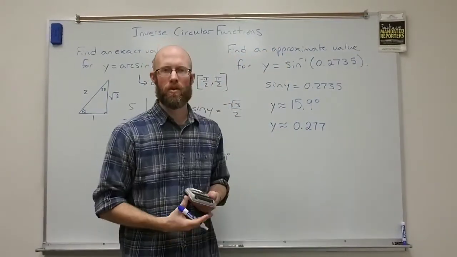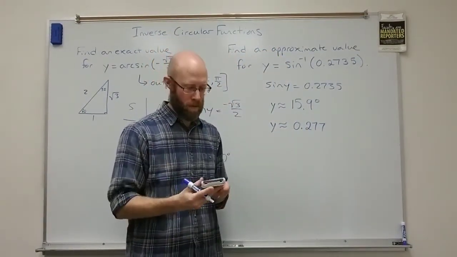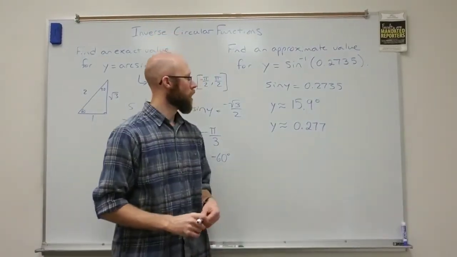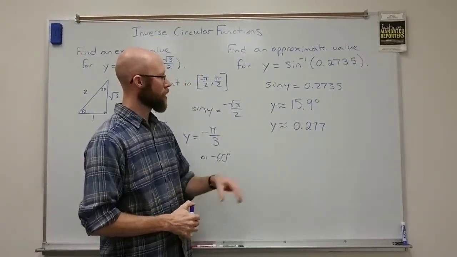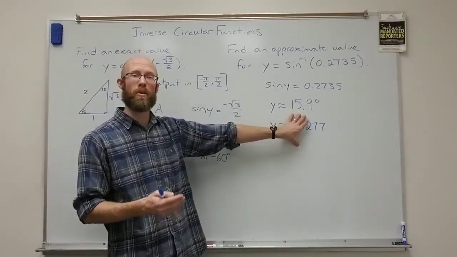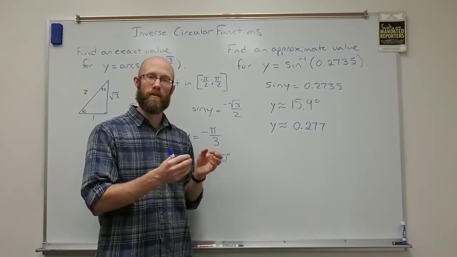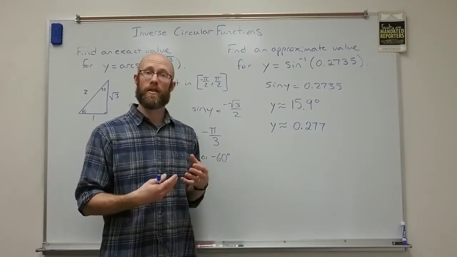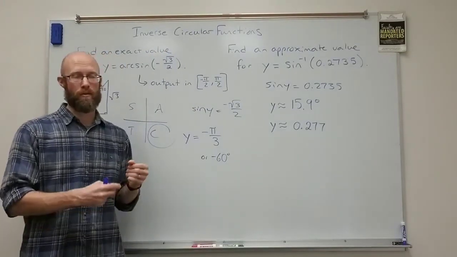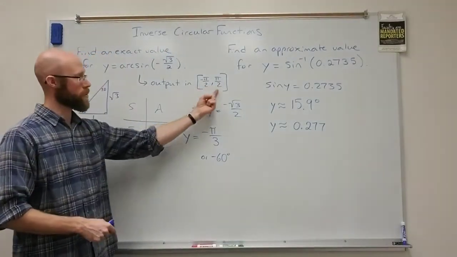Either of those would be sufficient based upon what the calculator showed. But again, the angle that the calculator outputs will always be either a first quadrant angle or a fourth quadrant angle, and if it's a fourth quadrant angle, it's going to be the negative form of that angle.